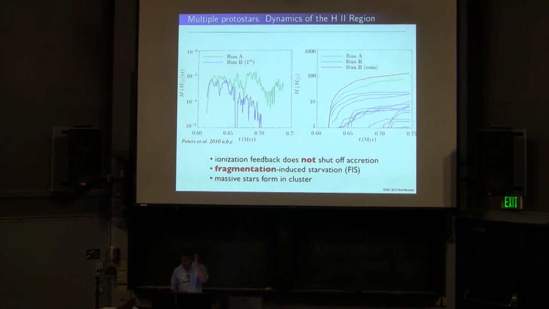Yeah, just to show you a few quantitative results here based on this simulation, for instance, it is interesting to see whether the feedback from ionizing radiation might actually shut off the accretion, and it looks like it cannot.